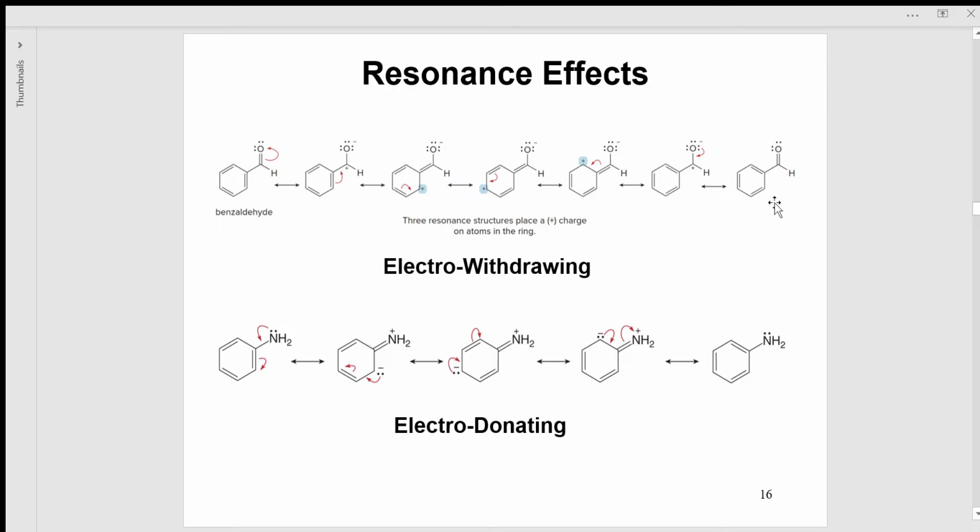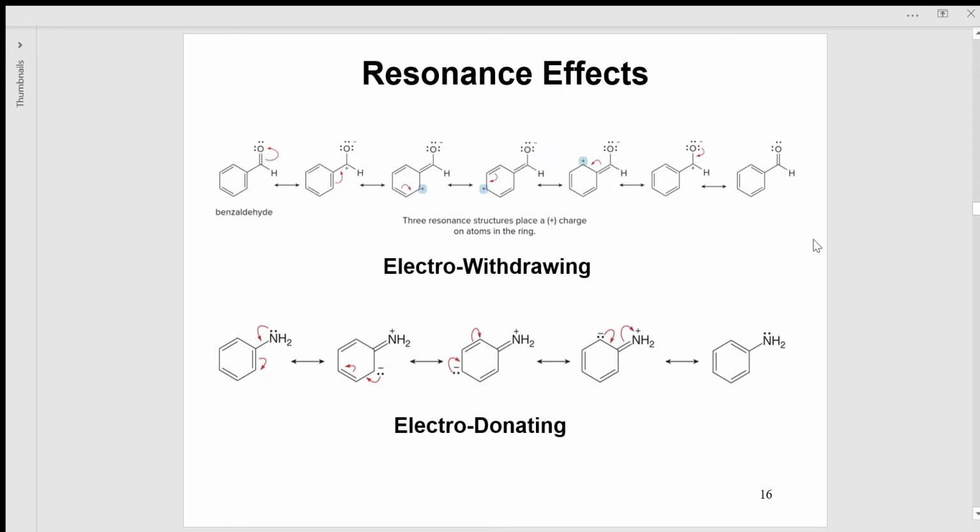If we take a look at the resonance structures here, you see a positive charge here, and here. Which means that the aldehyde can pull the electrons away from the benzene ring. The benzene ring at these 3 points, not every point, bears a positive charge.